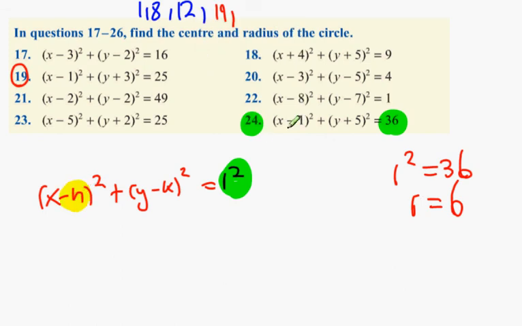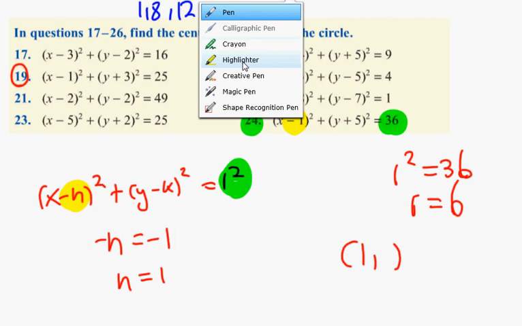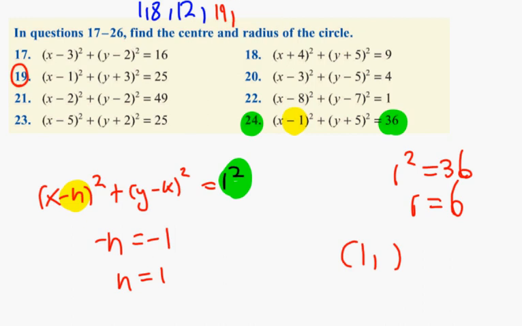Minus h is the same thing as minus 1. So what does that mean for h? h equals 1. Alright, then finally the k. The plus 5 and the minus k. Yeah, minus k equals 5. Therefore k equals minus 5, that means the center of the circle is 1, minus 5. Okay guys, will you guys try 20 and 22 now?